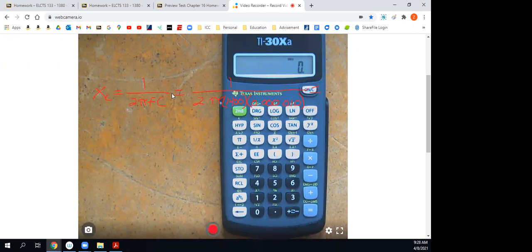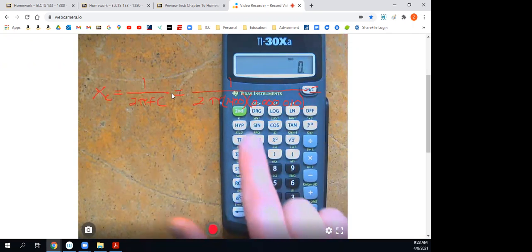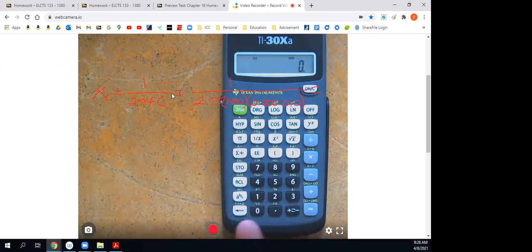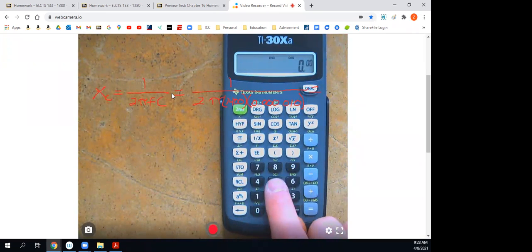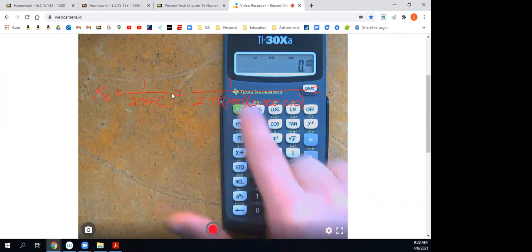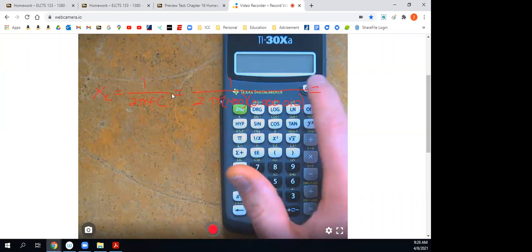You just go to second line and go to engineering. So engineering, scientific, whatever.